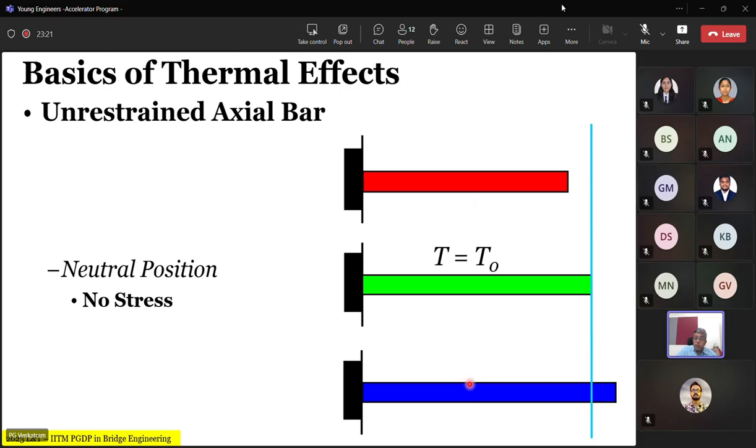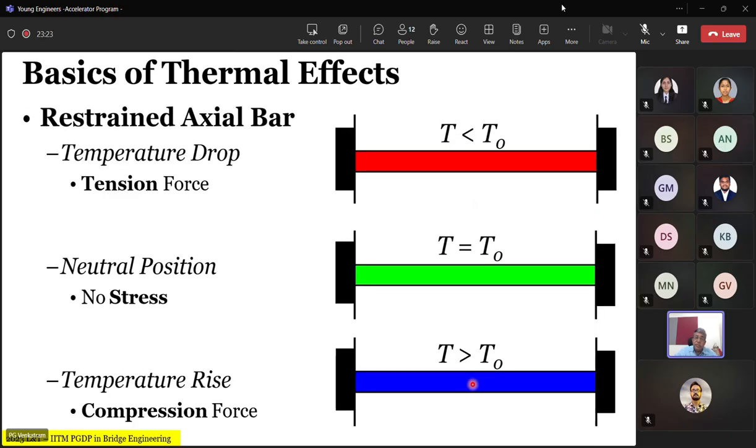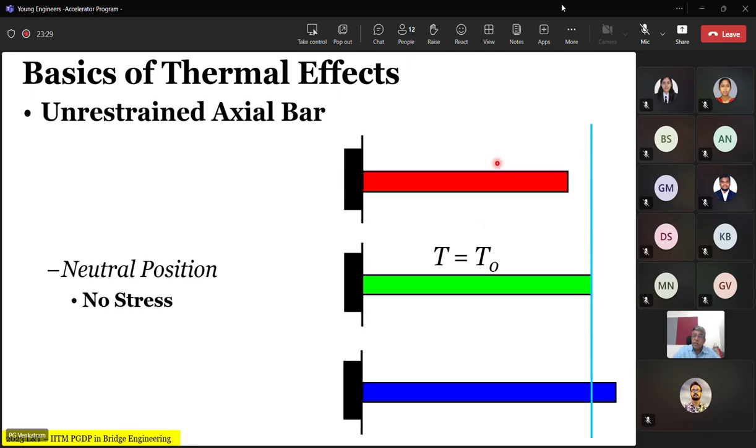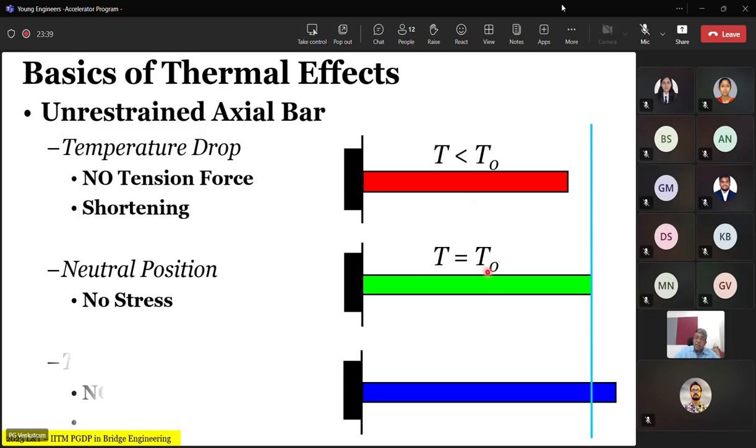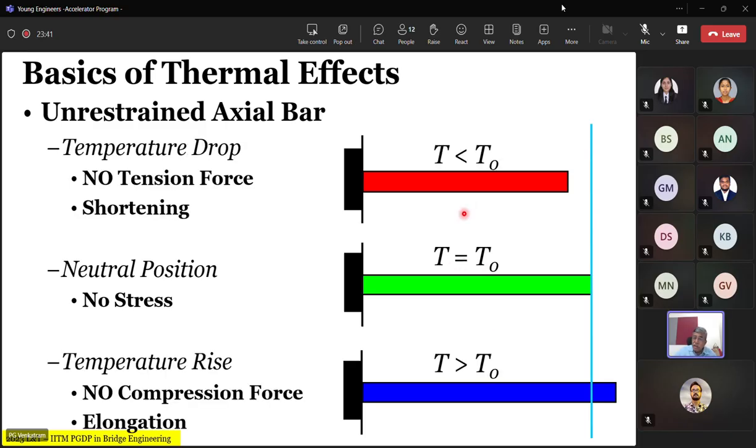So that was the situation with restrained bars, where we have a restraint at the ends. On the other hand, if we had an unrestrained bar with a neutral position at T naught, and the bar temperature becomes less than T naught, there is still no tension, but there is a change in the length of the bar.